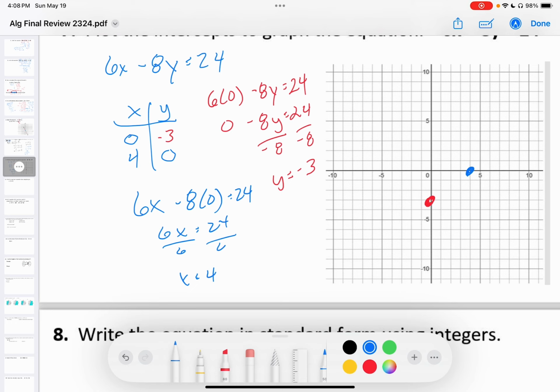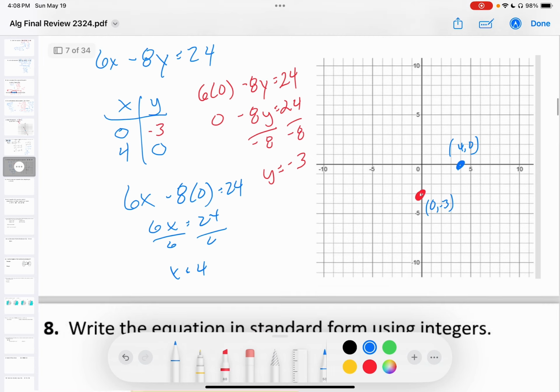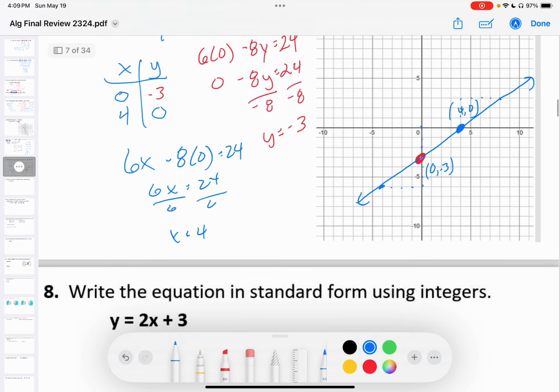There's our 2 points. 4, 0. 0, negative 3. We also have the slope now of up 3 over 4. So if I want to plot some more points, up 3 over 4. Down 3 over 4. We got a line that looks something like that.